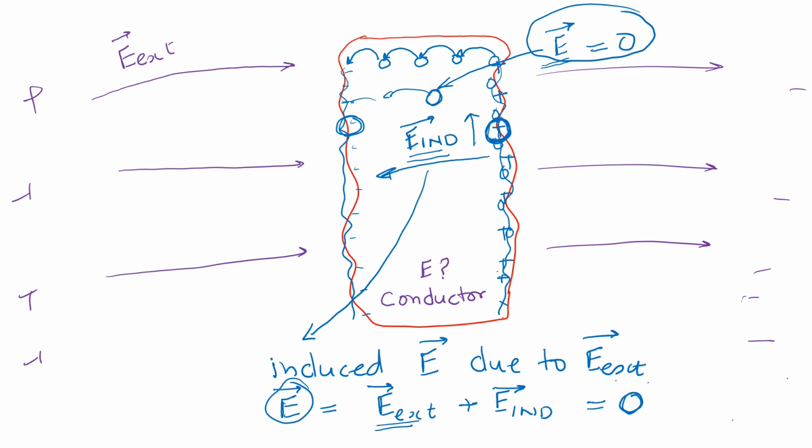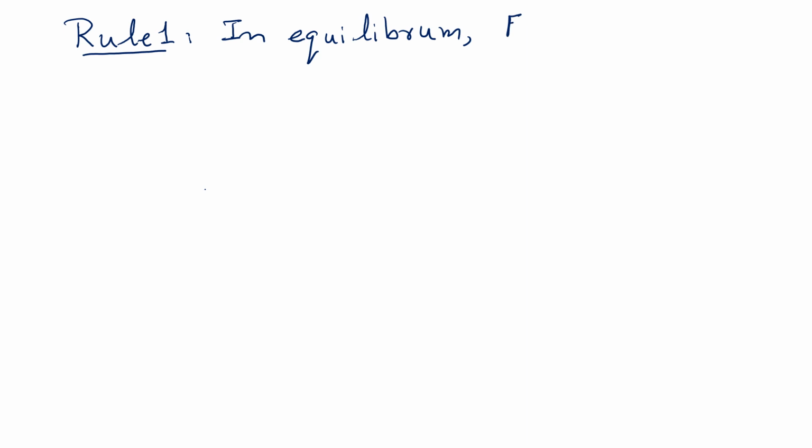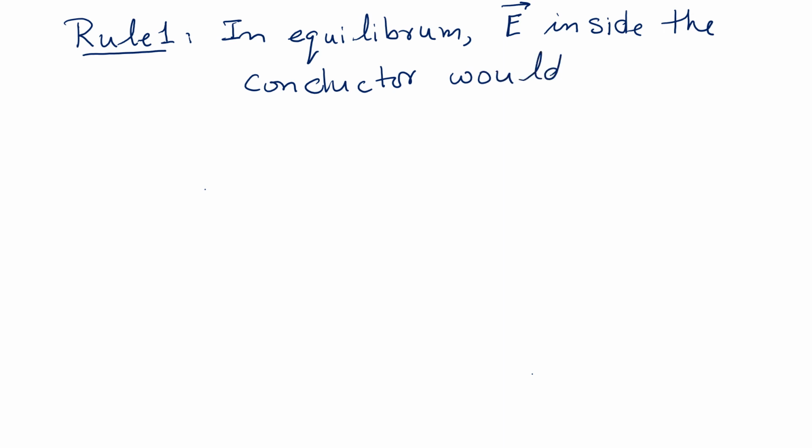So here comes in our first major rule. In equilibrium, the total electric field E inside the conductor would be zero. In equilibrium, if I go and try to measure the field inside, that field has to be zero.